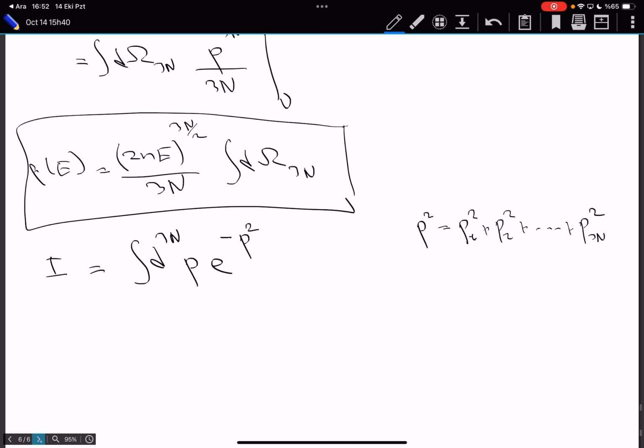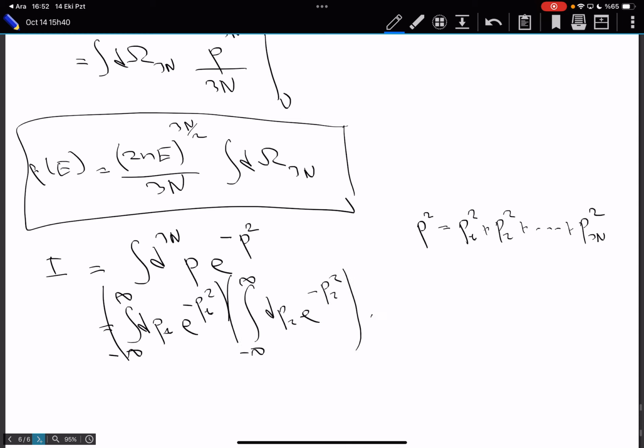So I can write this as the integral over p1 from minus infinity to infinity of e to the power minus p1 squared, times the integral over p2 of e to the power minus p2 squared from minus infinity to infinity, and so on, up to the integral over dp3n of e to the power minus p3n squared.